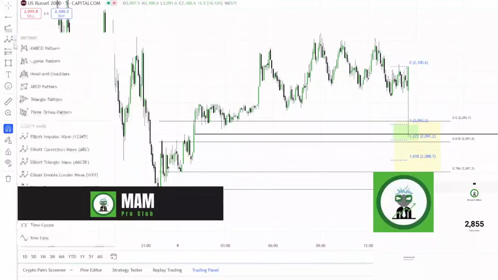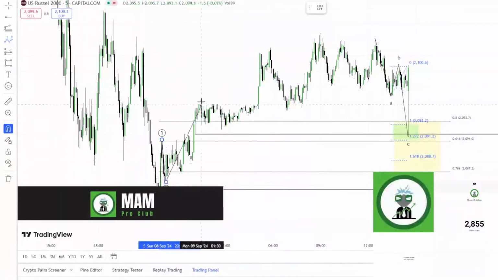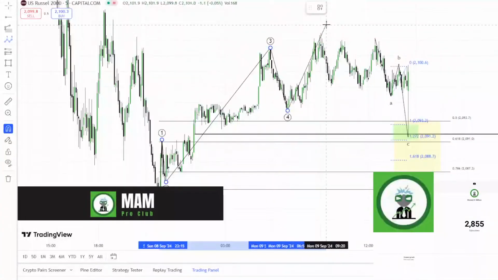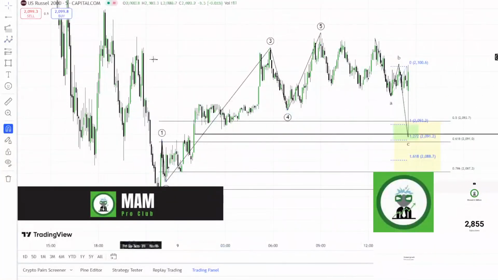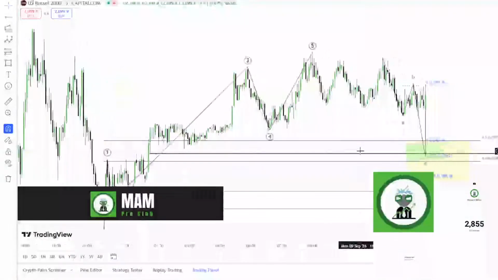So this would then be an ABC. So we'll move backwards on the Russell, ABC. And can we find a 1, 2, 3, 4, 5? Probably can, because this looks impulsive. 1, 2, 3, 4, 5, and yeah, looking good. I would be long in the Russell right now.